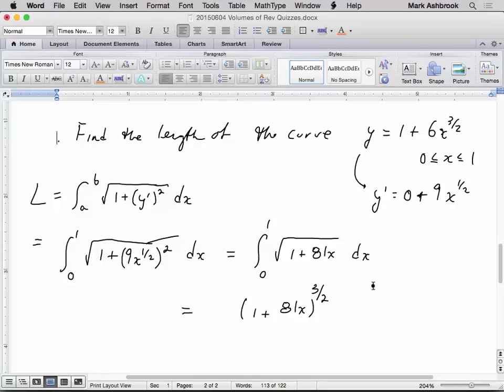No, antiderivative, not derivative, right? Antiderivative. We're going to need a 2/3. That would be like our first attempt, right? And then think about taking the derivative of that. We'll also have, by the chain rule, it times 81, which we don't have here, therefore 1 over 81.